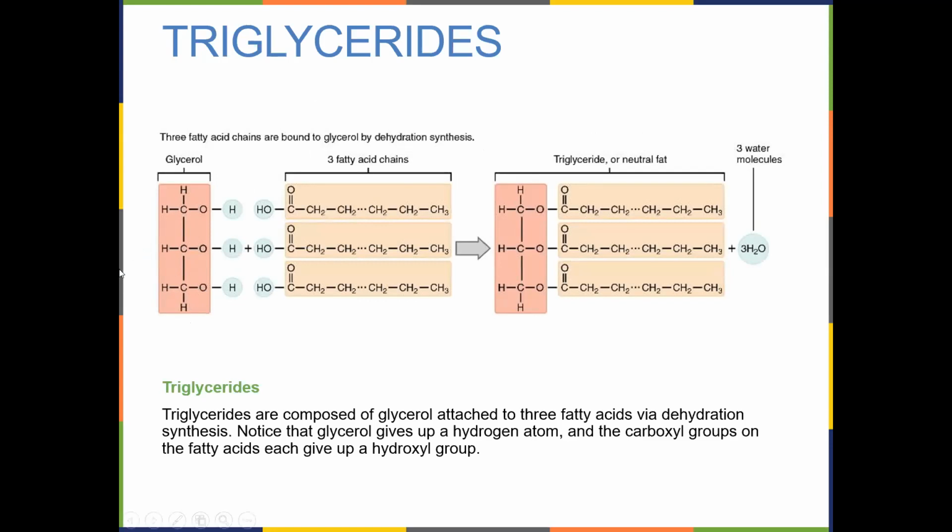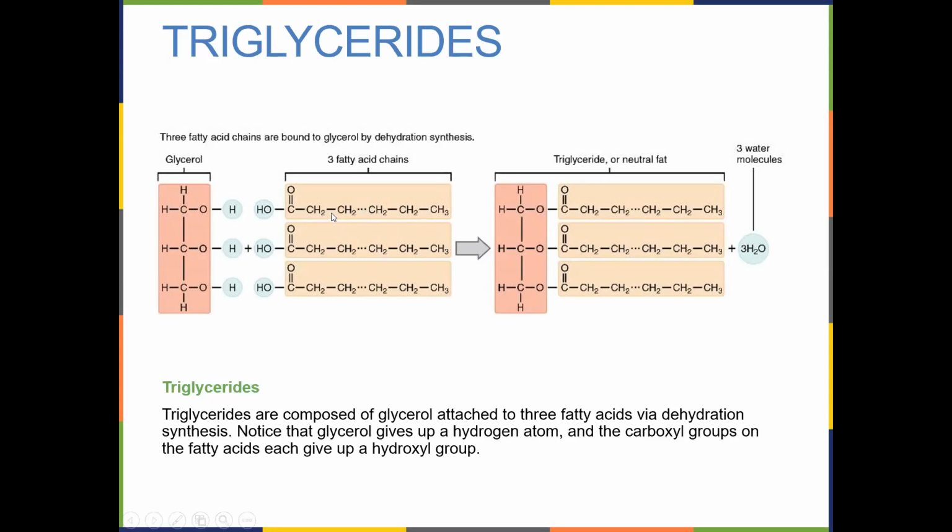So this is an alcohol over here. This is glycerol. It is bound to 3 fatty acid chains. Every time you see this carbon with a double bond to oxygen and another OH, another hydroxyl group, that's what we call the acid group. You don't need to worry about that now, but that's what makes this an acid.